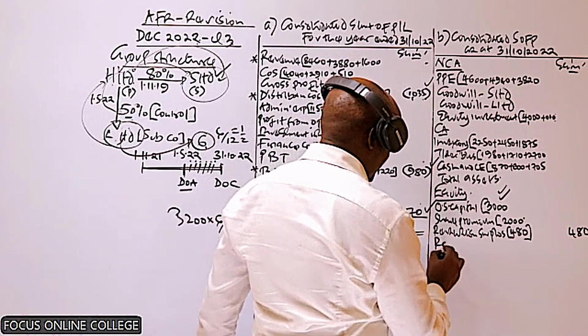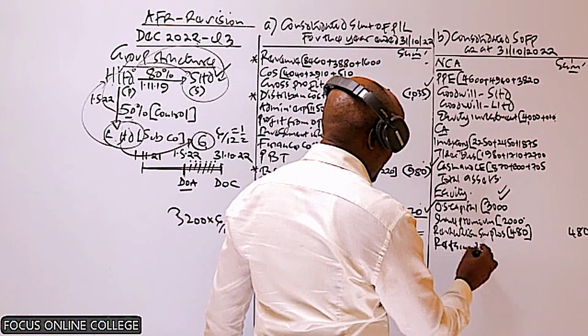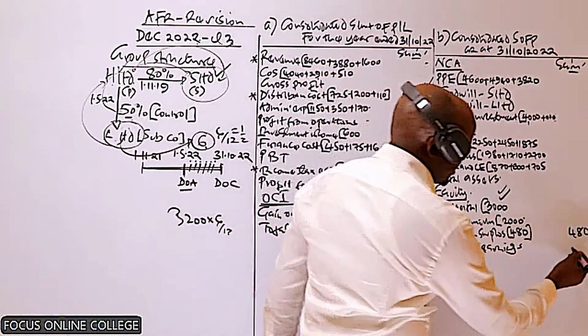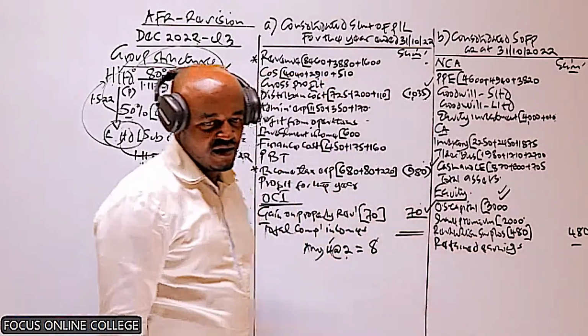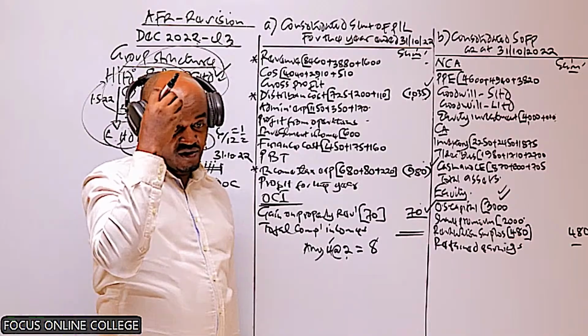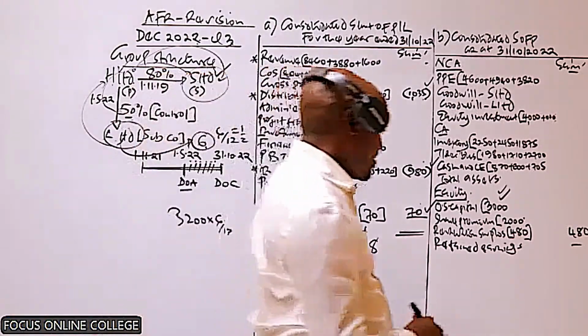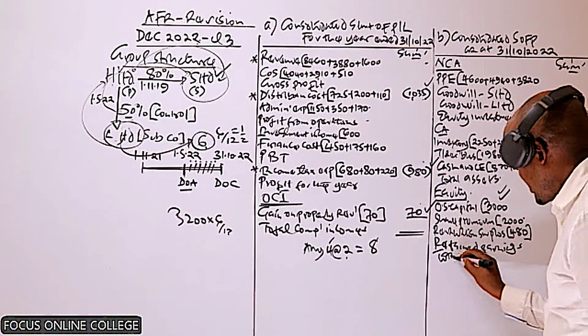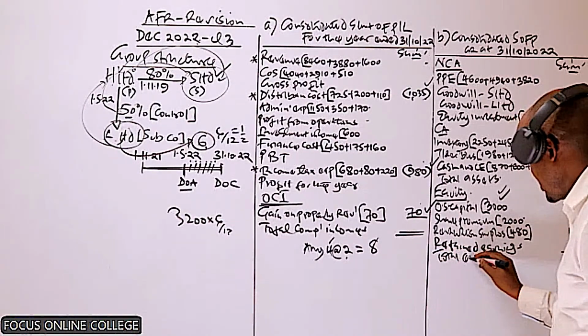So below that we have what? We have retained earnings. Basically, this is an item you should not bother yourself computing. The computation of this, we said, is a little bit complex. Just ignore that. It is not a must you get everything correct here.